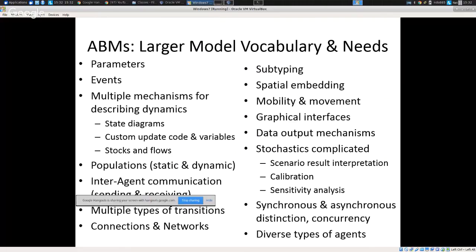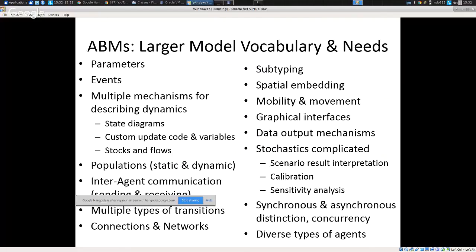They characterize simultaneously, this is important actually, this is true for these and stocks and flows, they simultaneously describe the states, the actions that change those states, the rules under which those actions take place. Those are characterized by both state diagrams and separately by stocks and flows.